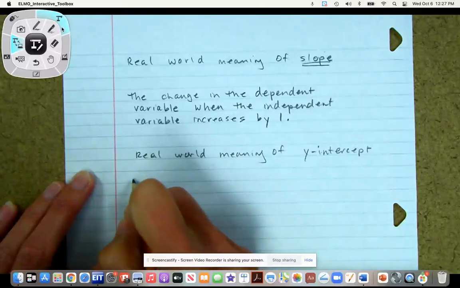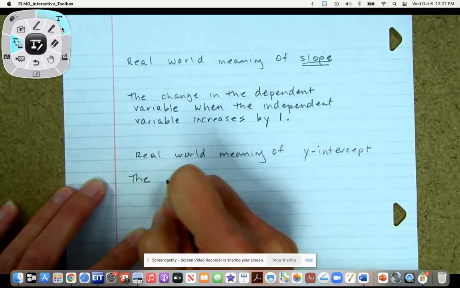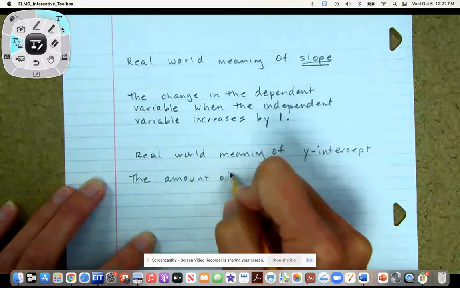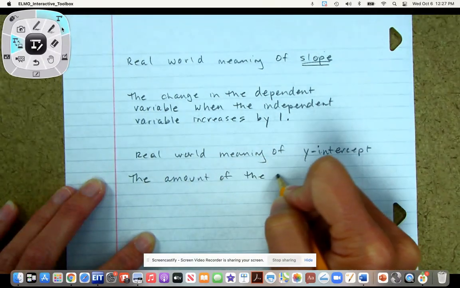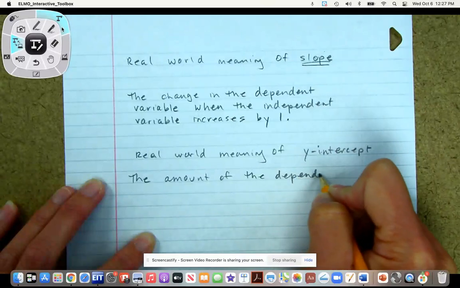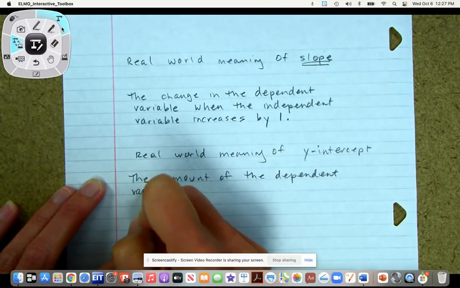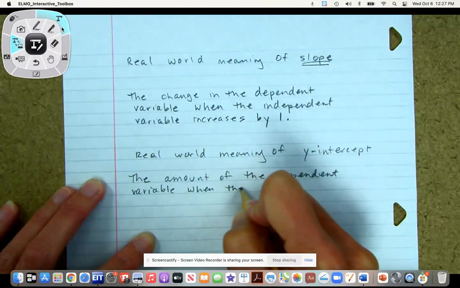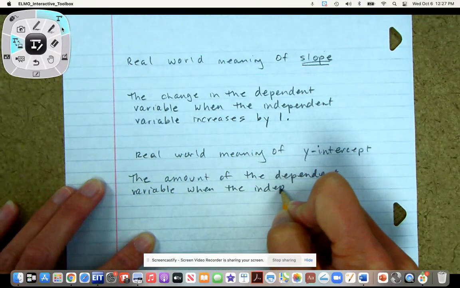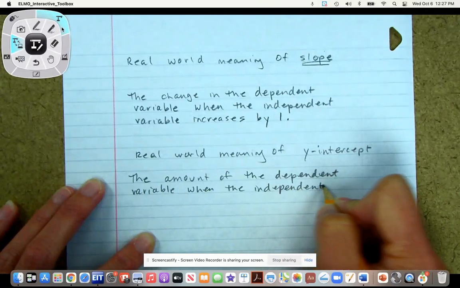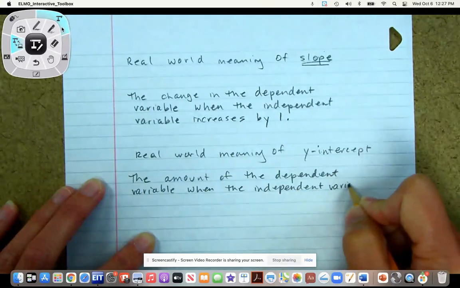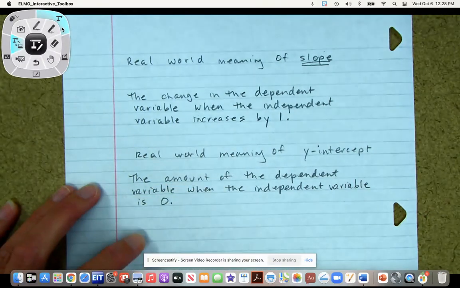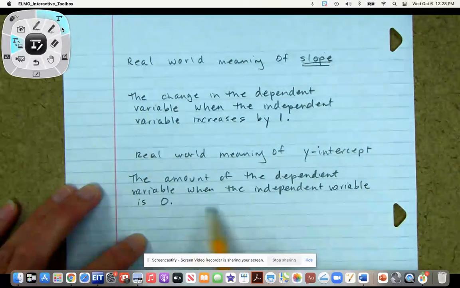Okay, that's the amount of the dependent variable when the independent variable is 0. So it's the amount of the dependent variable when the independent variable is 0.